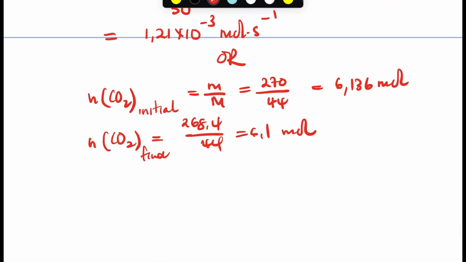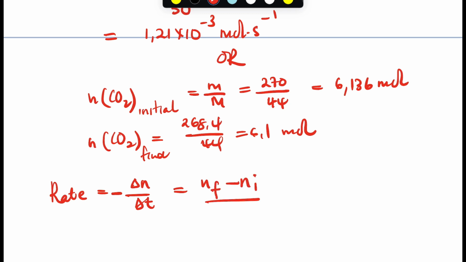And then we can go to the formula of a rate. We can say rate is equal to change in number of moles over change in time. Since we are doing the product, it must be negative. So it's going to be number of moles final minus number of moles initial, over t final minus t initial, and then you put the negative there.